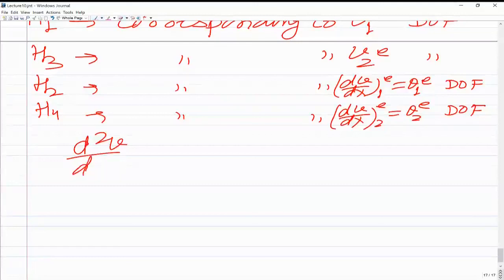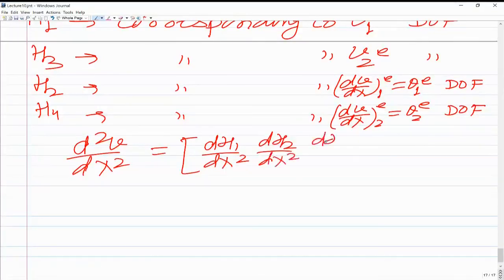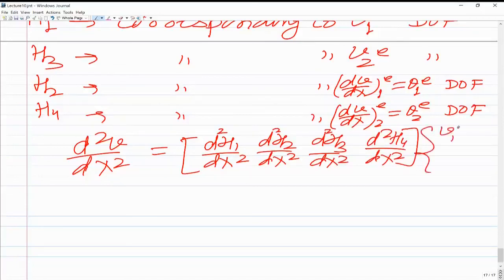So d2v by dx square will be equal to d2h1 by dx square, d2h2 by dx square, d2h3 by dx square, d2h4 by dx square, into the vector of elemental degrees of freedom, that is v1e, theta 1e, v2e, and theta 2e.